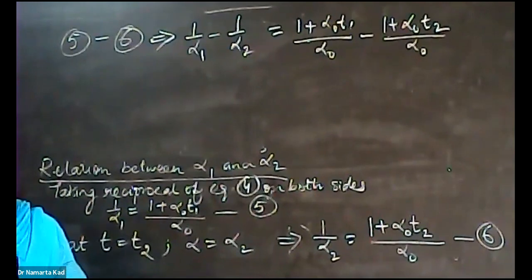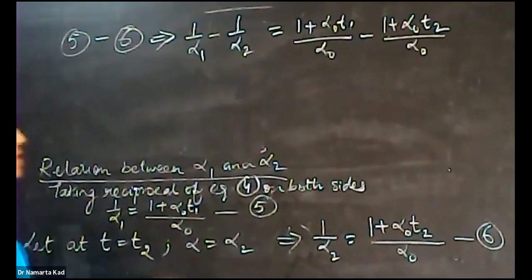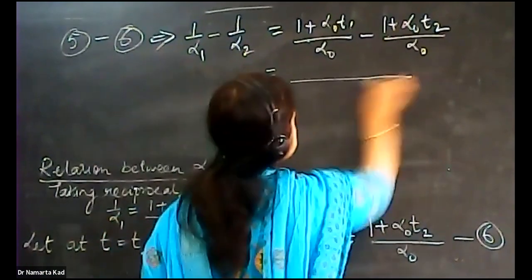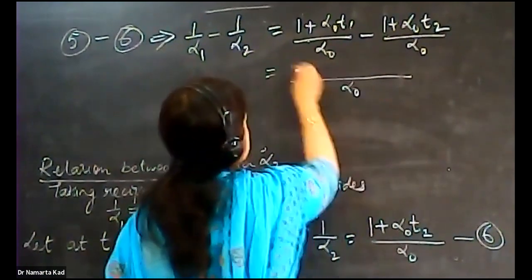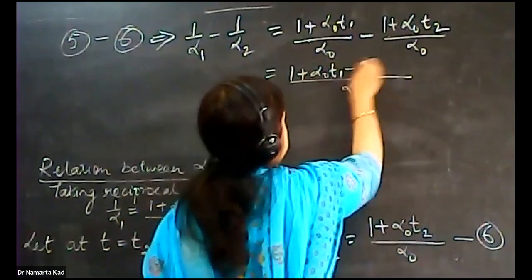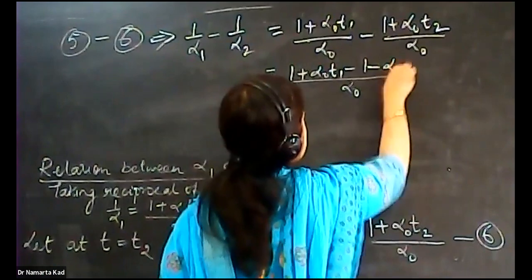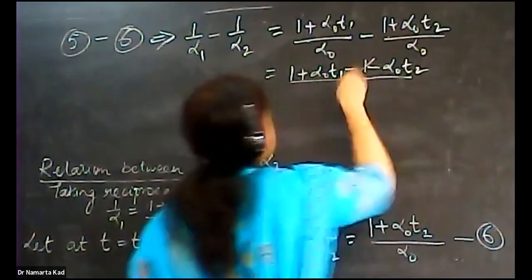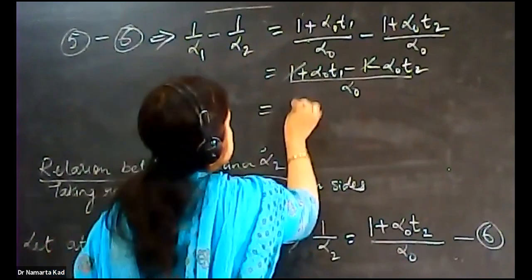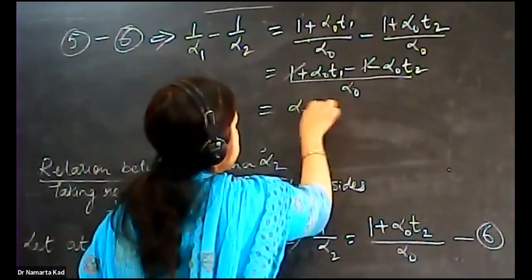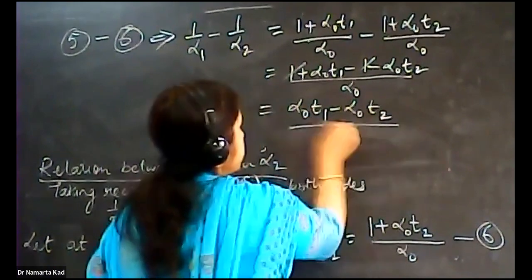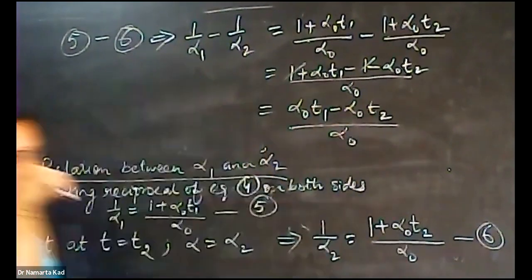ठीक है, upon subtracting 6 from 5 and solving this, it comes out to be alpha naught here, 1 plus alpha naught T1 minus 1 minus alpha naught T2. This one cancels out, so it comes out to be alpha naught T1 minus alpha naught T2 divided by alpha naught.